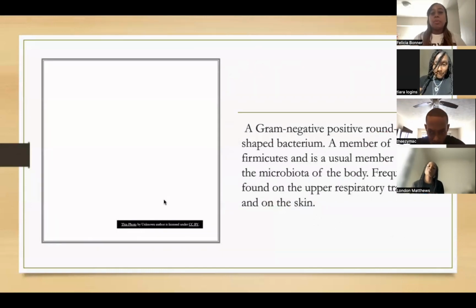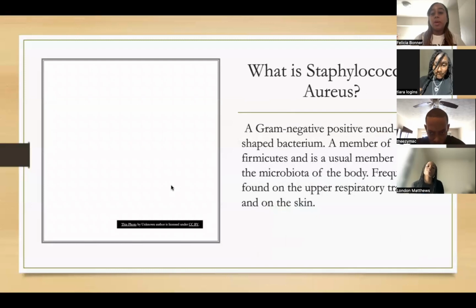Okay, what is Staph aureus? It is a gram positive, round-shaped bacterium, and it is frequently found in the upper respiratory tract and on the skin.